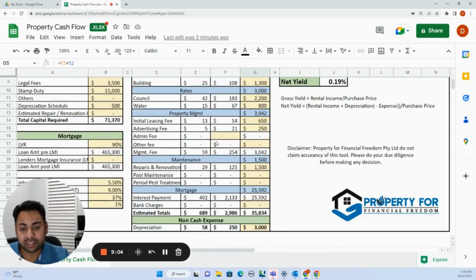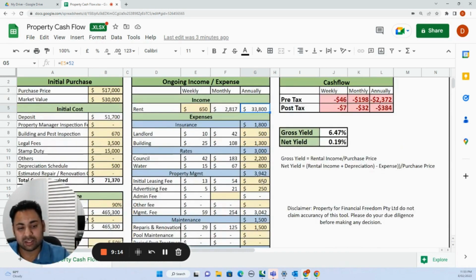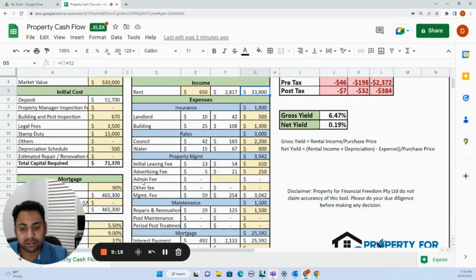Property management: there is a one-off cost when the property is vacant and you are advertising it, and the initial lease fee is generally 1 week of whatever the rent is. So I keep it at $650, and whatever the advertisement fee is, you put that in there.